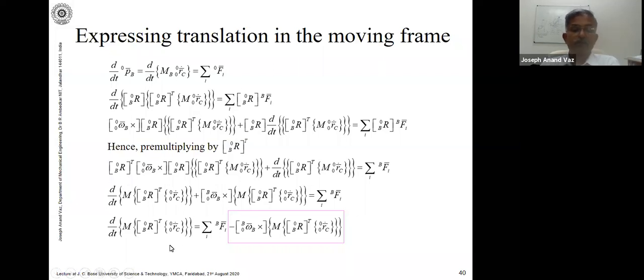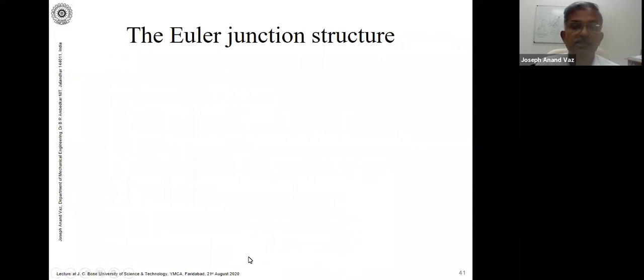It results in the expression of velocity of the center of mass of the body observed in frame 0, expressed in frame 0, but thereafter expressed in frame B. When you take the derivative of this, the rate at which this momentum quantity changes is equal to the resultant of the forces, but an additional term comes into the picture, which is omega cross this. And this is somewhat like an additional gyrostor term.